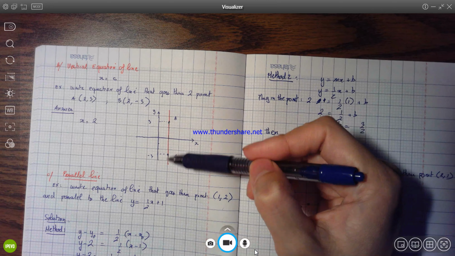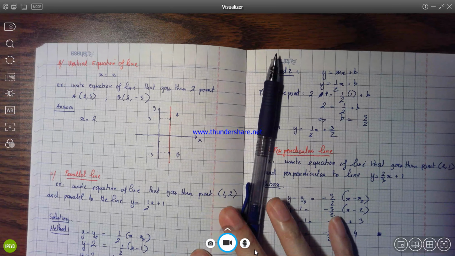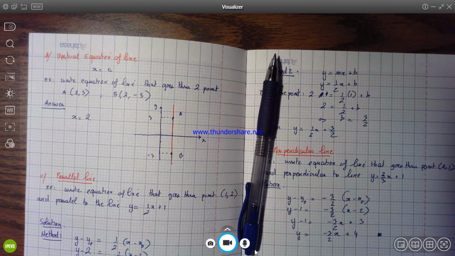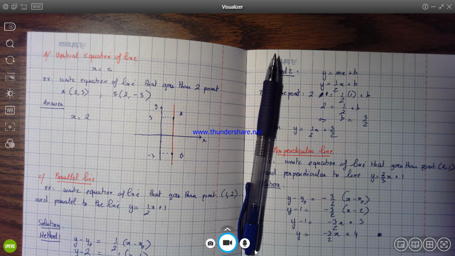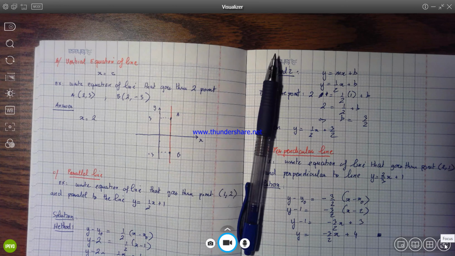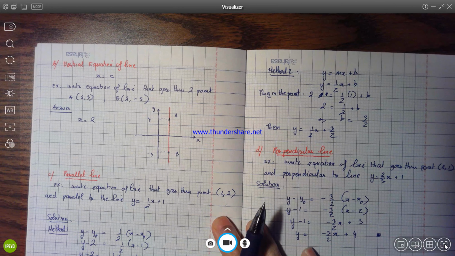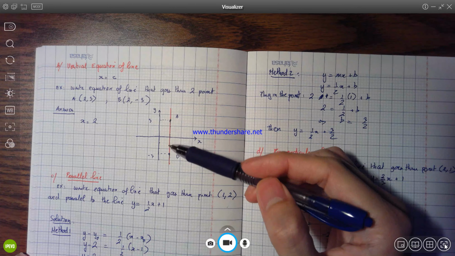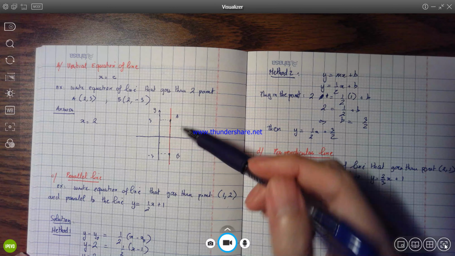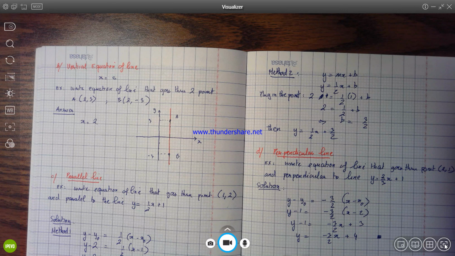If you connect them, you will have a vertical line going through point A and point B. So those are the 2 special cases I want to talk about. It's good to visualize it in your mind, or do a quick sketch so that you know the equation right away. But remember, for a vertical line, start with x, and for a horizontal line, we start with y.